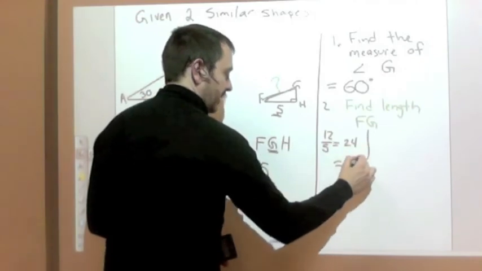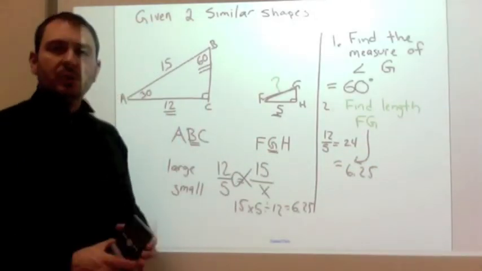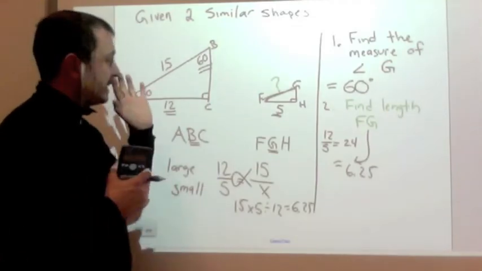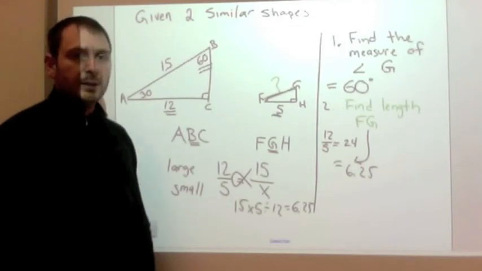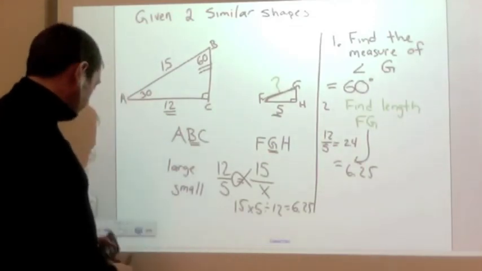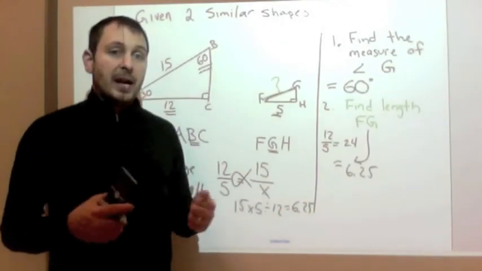So length FG is 6.25. So these questions won't always necessarily work with nice perfect answers. Sometimes you get decimals and fractions. Don't be afraid of them. They're numbers too. Okay. So that looks like everything we need to cover for this section.